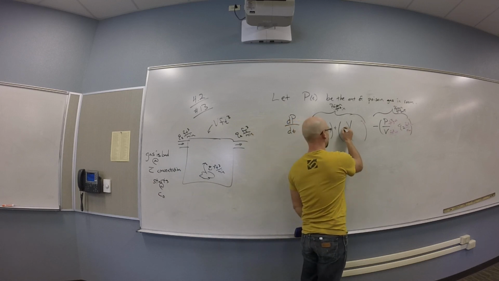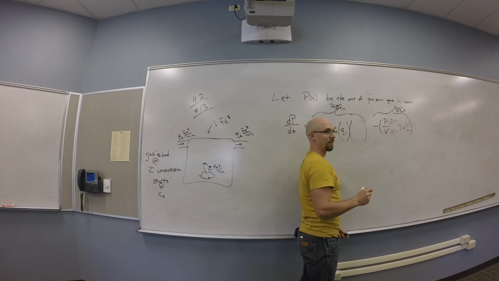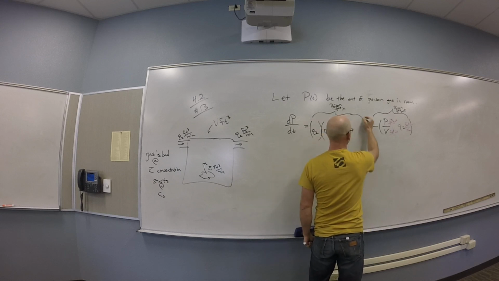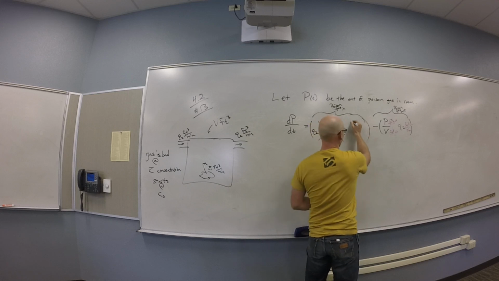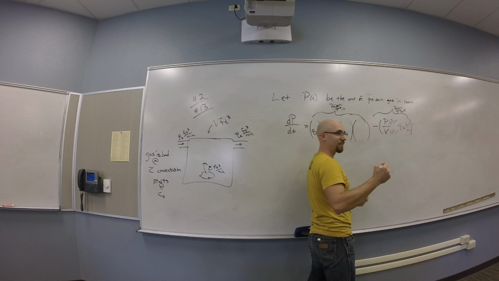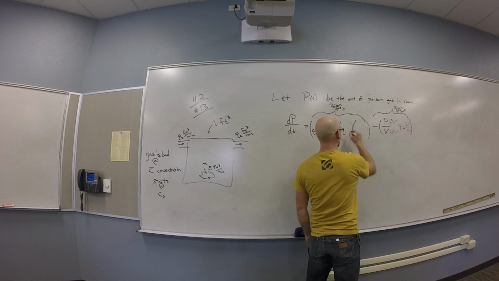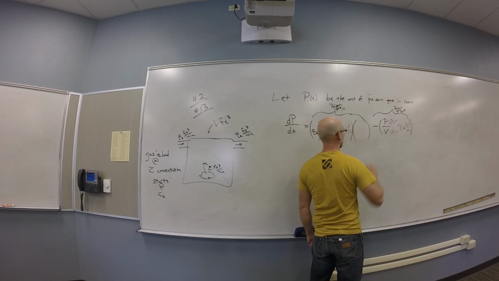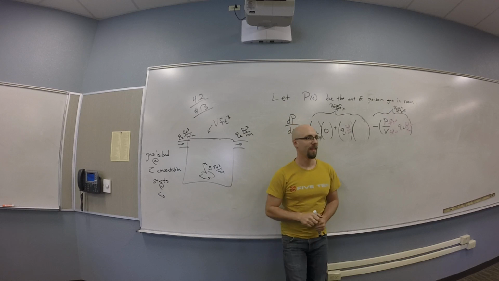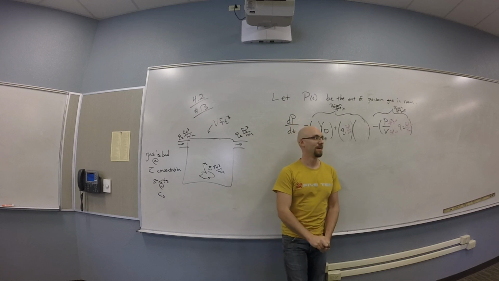Now the other one is Q1. I need some units on this one. What are the units on Q1? Cubic feet per minute. Now, times the concentration, which doesn't depend on time. This is the weird thing.